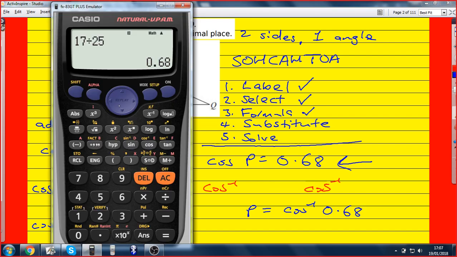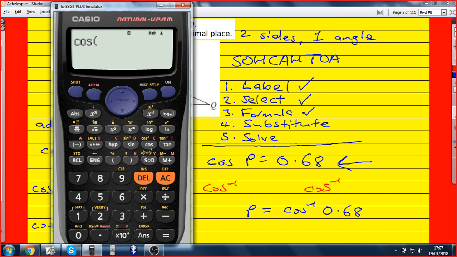Any idea how you put that arc cos into your calculator? Would you just do the exact same as normal cos, but it's like a minus? Don't you use some of the brackets to get cos? It'll involve brackets, but what buttons do I have to press?